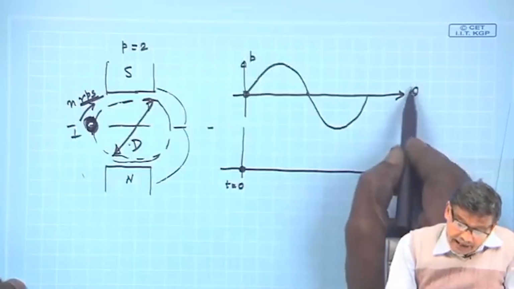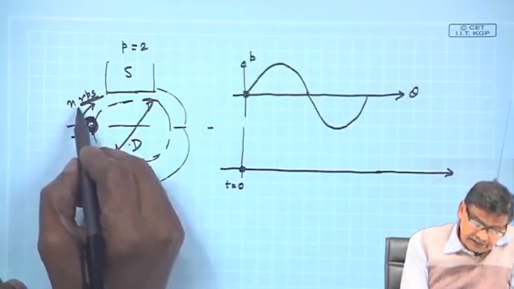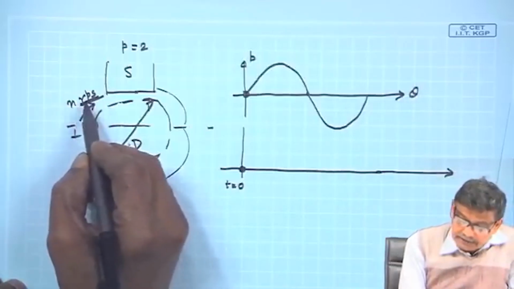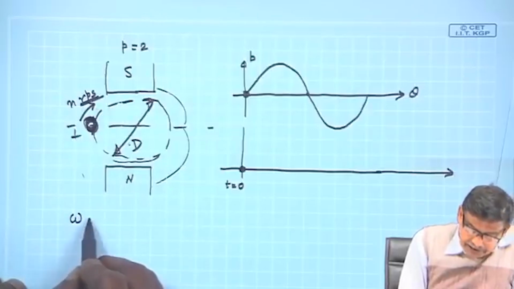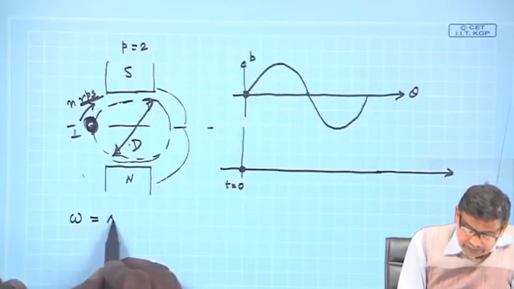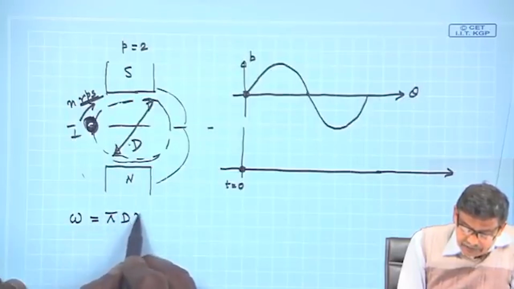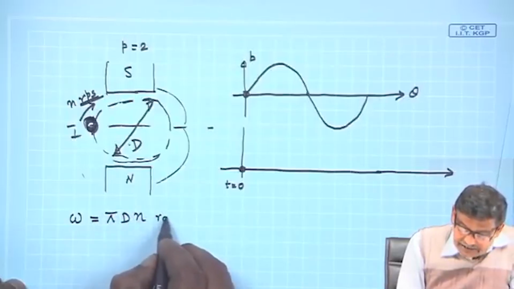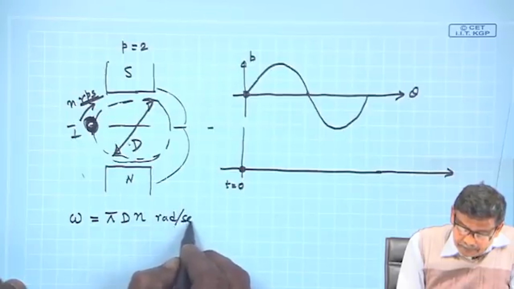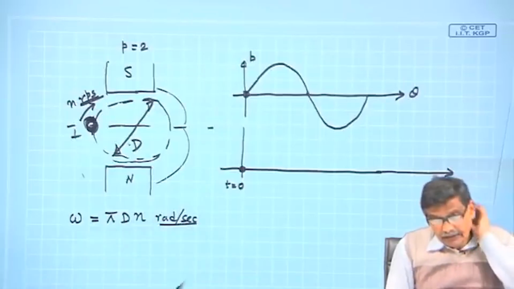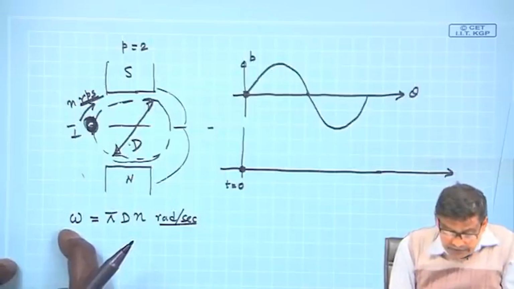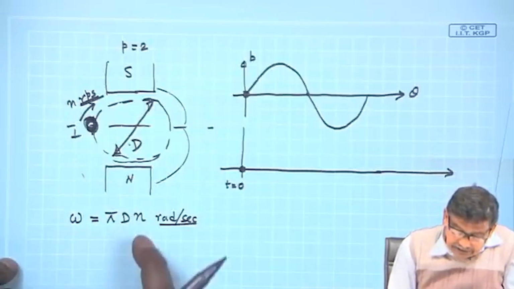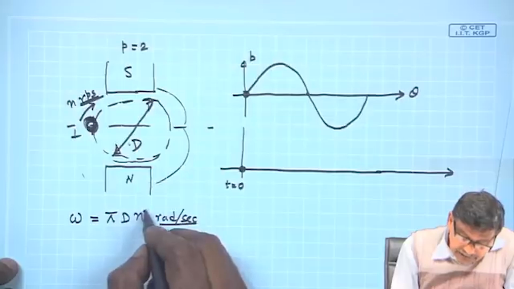Now, this is the angle. Suppose this rotates at n RPS, and then you can see the angular speed of this one will be nothing but pi d into n, so much radian per second. This is how the angular speed in radian per second is related with rotation per second.